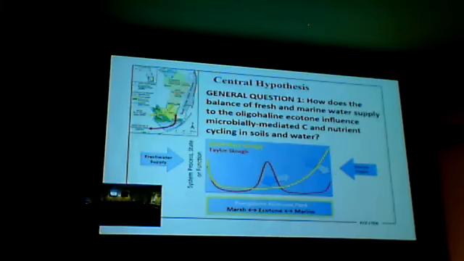Yeah. So the central hypothesis, in general, for the Biogeochemistry Working Group, I have here as a question from the proposal. How does the balance of fresh and marine water supply to the oligohaline ecotone influence microbially mediated carbon and nutrient cycling in soils and water?